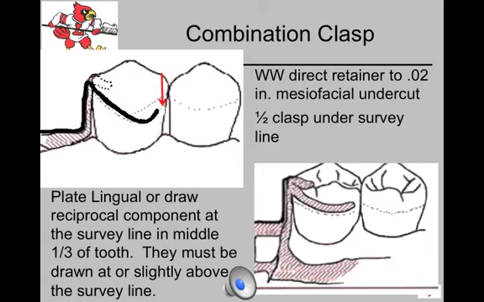On the lingual aspect, we would have a reciprocal arm that is a cast circumferential originating at the distal rest and coming forward all above the survey line at least 1 millimeter and approximately in the middle third of the tooth. Please note that the wrought wire has a distal rest, which is different from our others.